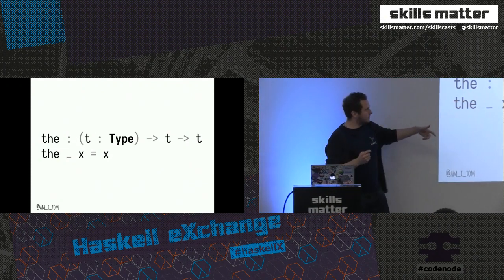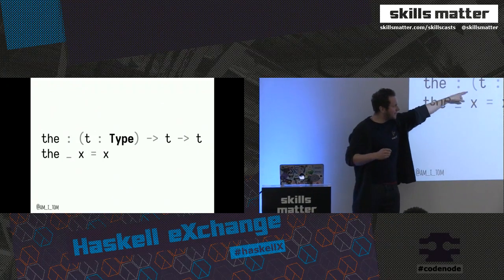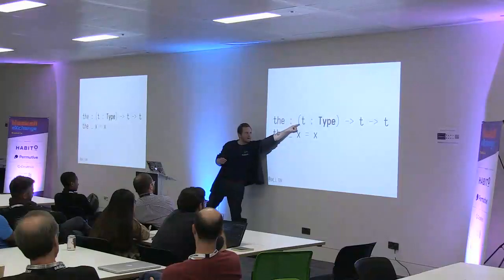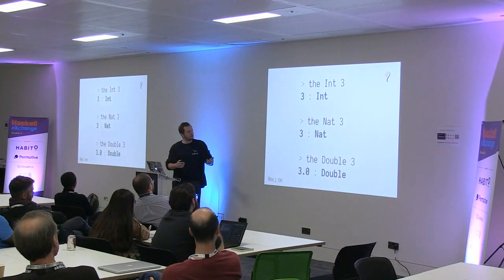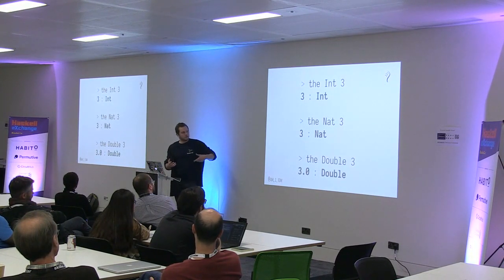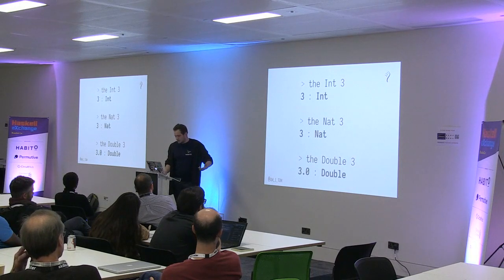As we all know, another way of putting that is the type of the result depends on the value here. And as we might expect, we've got the int 3, the nat 3, the double 3. Depending on the type we pass in, we get a different type out, right? So this is dependent types, the dependent types we're all familiar with in our day jobs.